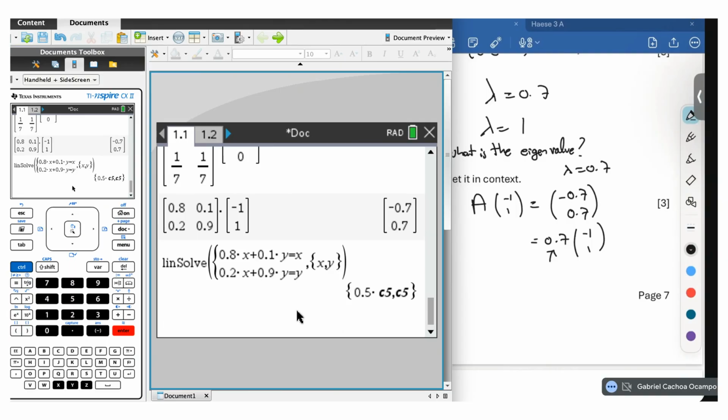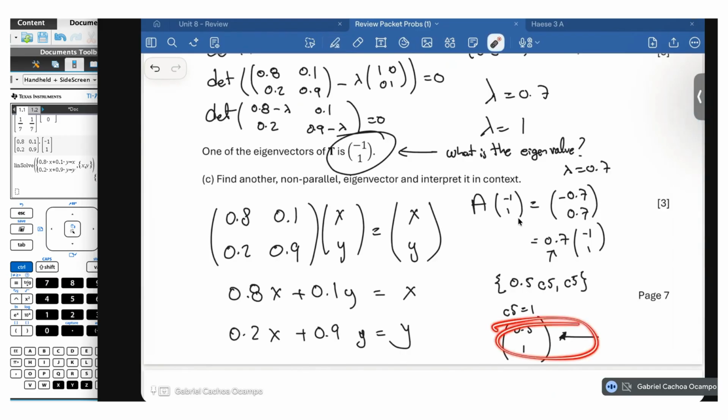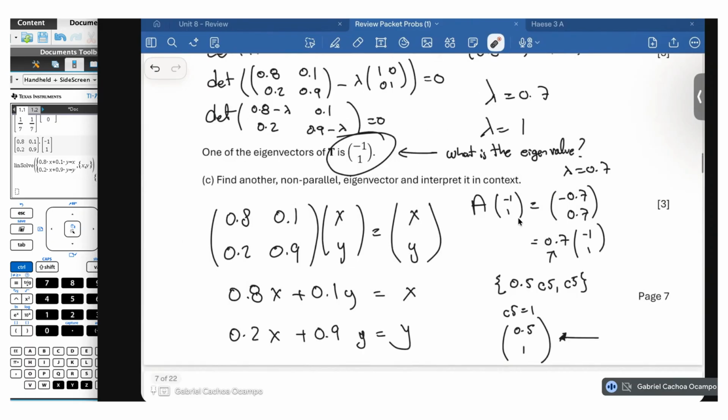Okay, so the eigenvector that the calculator gives me for this eigenvalue has 0.5. If I just plug in c5 equals 1, my eigenvector would be 0.5, 1. This is the other eigenvector. And observe, this eigenvector and the previous eigenvector are not the same. Also, they are not even parallel.